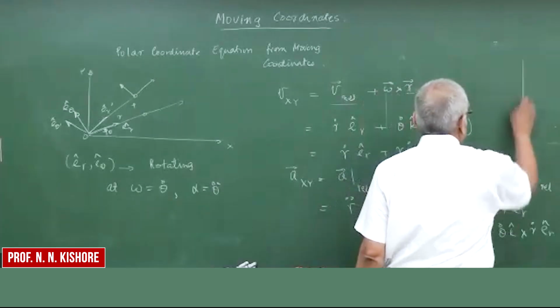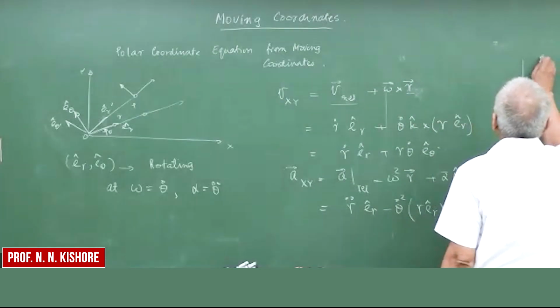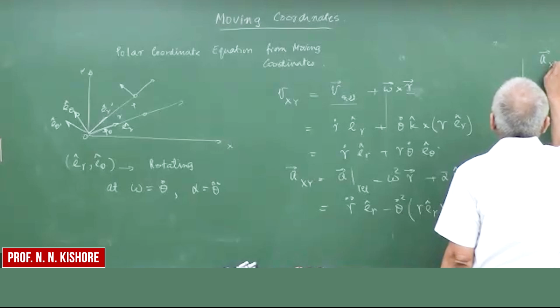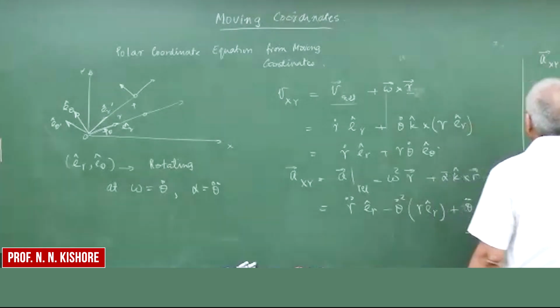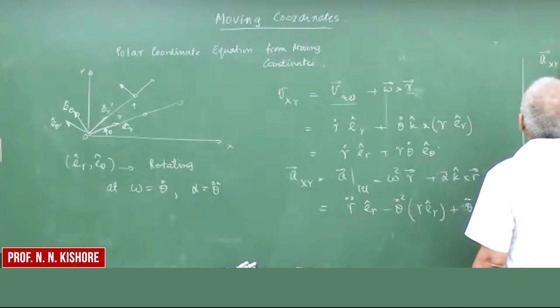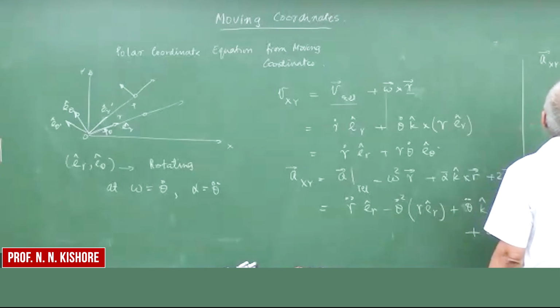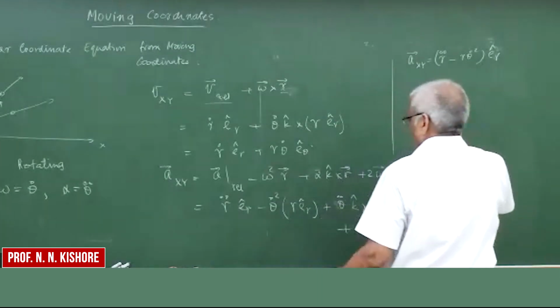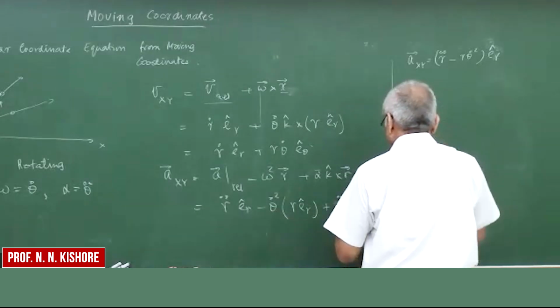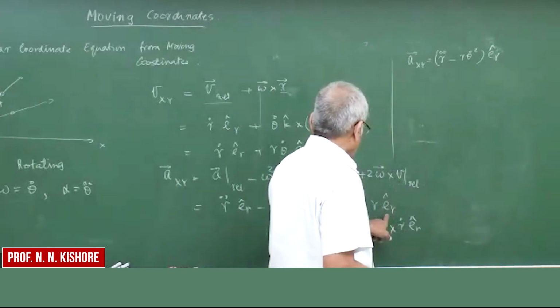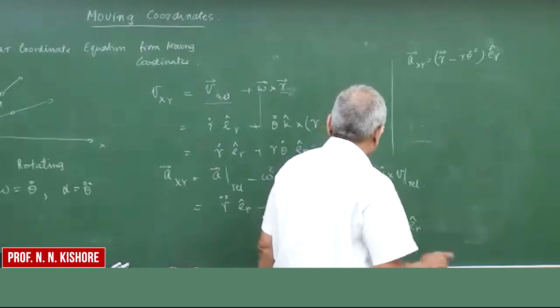So let's continue this one. The total acceleration now is r double dot. In fact, I can combine this one. This is the first two terms, ER, and then k ER is nothing but E theta.